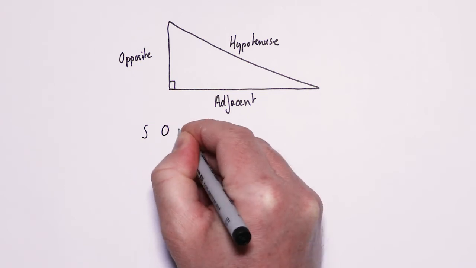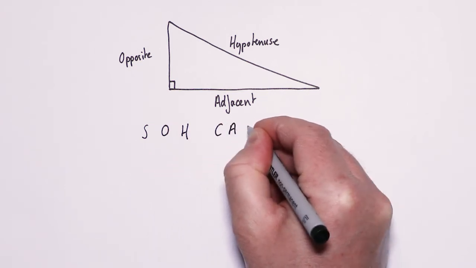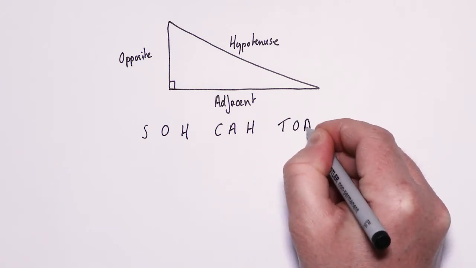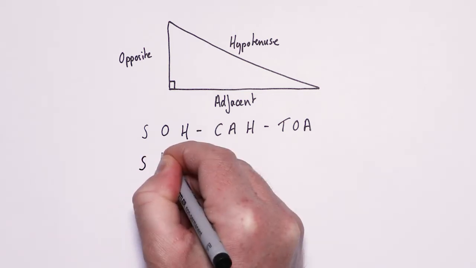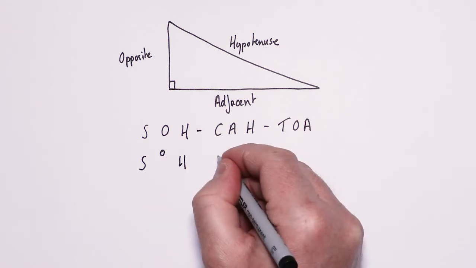First, write Sohcahtoa. The next thing you need to do is write out the phrase, but this time raise the middle letter of each part of So, Ka and Toa. So S, O, H with the O higher up.